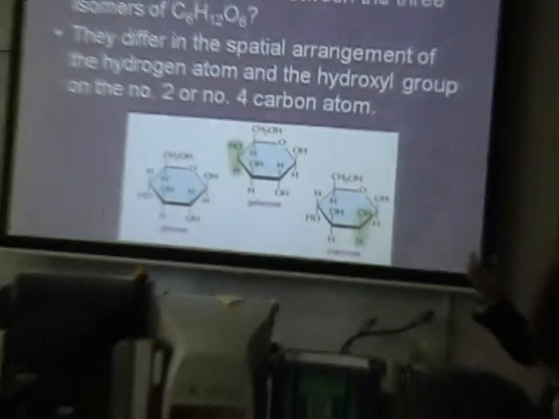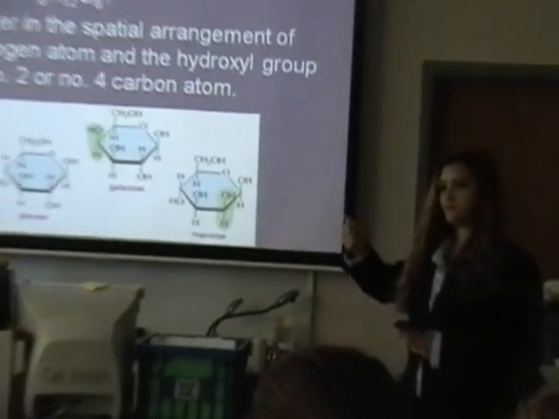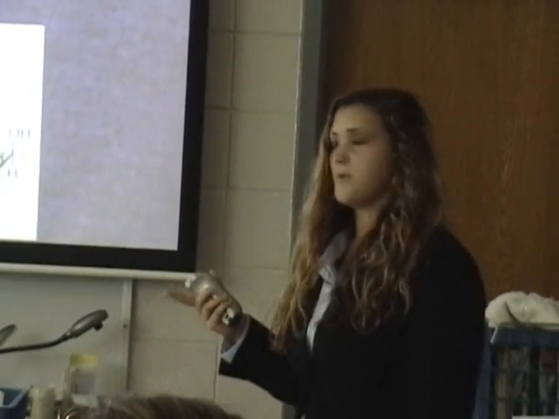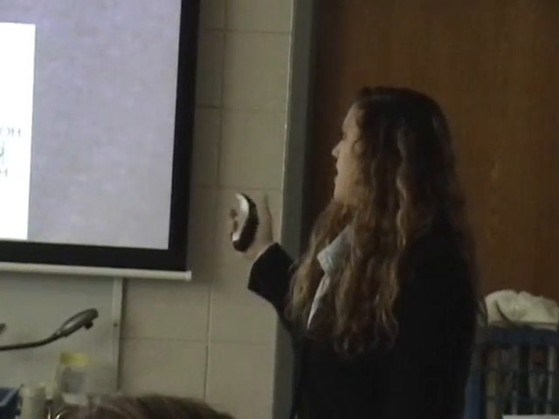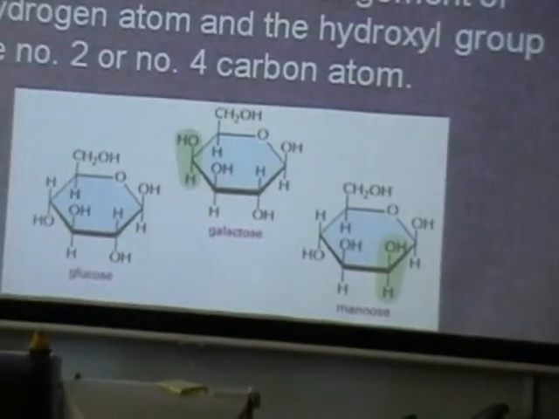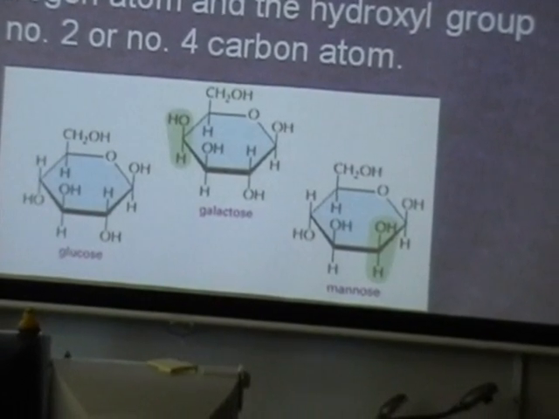A hydroxyl group is written either OH or HO, and it works going up and down. Mannose is not relevant to my project, but it is the other isomer to these two. As you can see, mannose on the number 1 carbon, which is green, has the hydroxyl group different from each of the others, and on the number 4 carbon, galactose is different from the others.